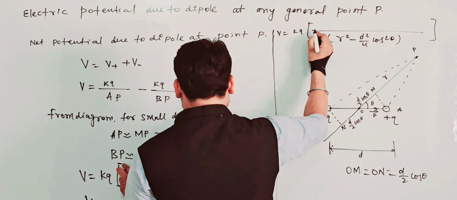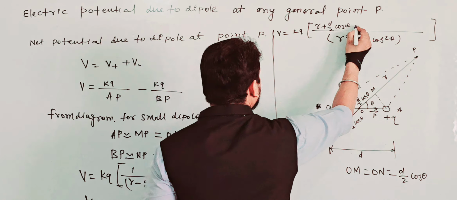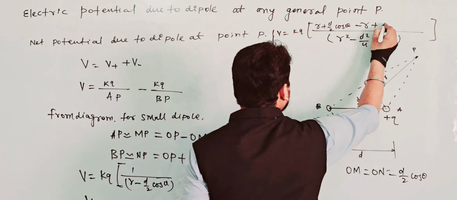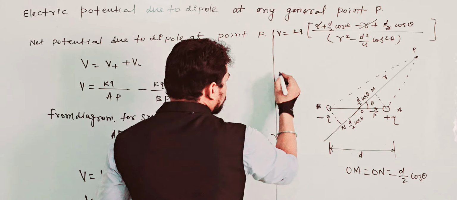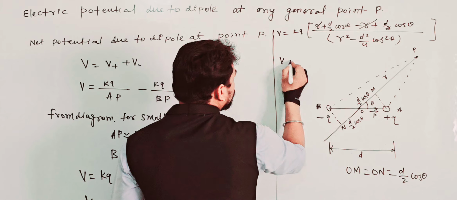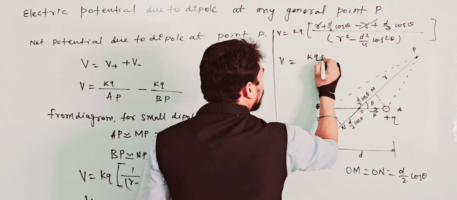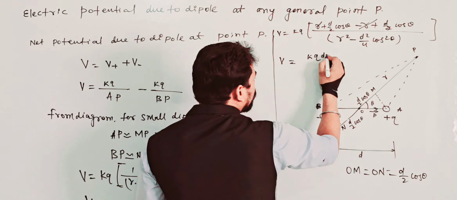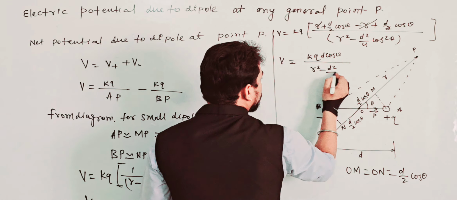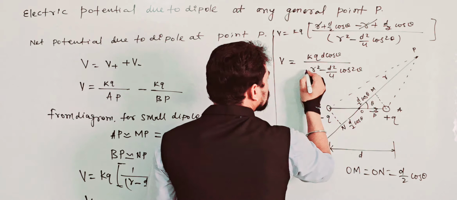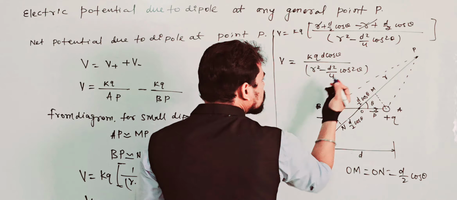In the numerator, r plus d by 2 cos theta minus r plus d by 2 cos theta; r and r cancel. So V equals KQ times d cos theta, over r square minus d square by 4 cos square theta. So V equals K times Q d.